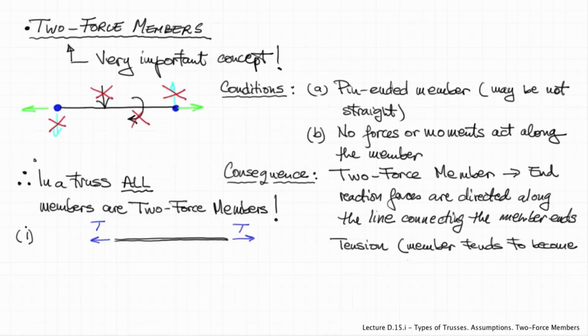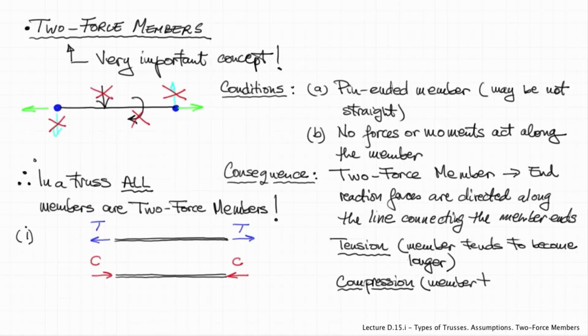So that would be a member in tension. Then these forces, as you can see, are directed along the straight member. In a similar fashion, if the member is in compression this time, so the forces are directed like so when they act on the member, making the member become shorter due to the action of these forces, then the member is in compression.